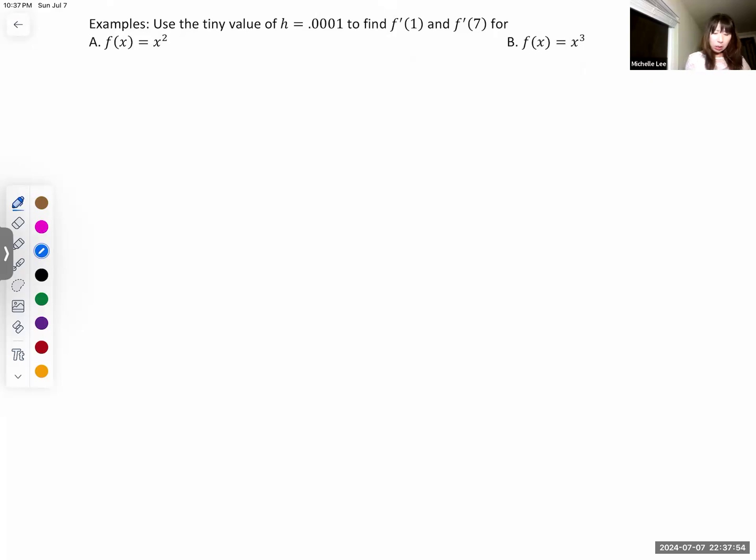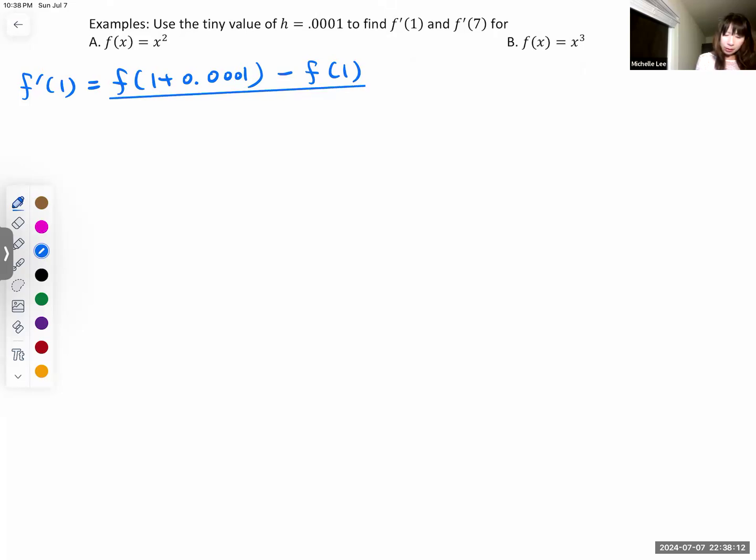Okay, so f prime of 1 equal to f of 1 plus 0.0001 minus f of 1 over 1 plus 0.0001 minus 1, right? Okay, that will be 1.0001 into the function. So let me do this one first.